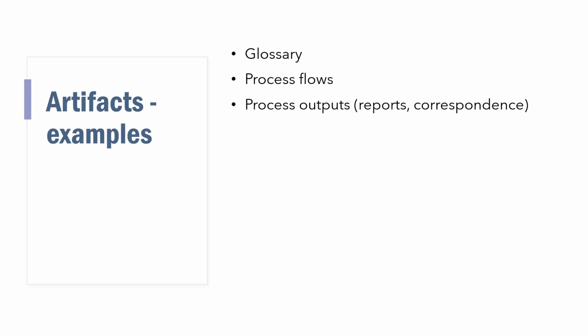What are the different outputs? Reports, correspondence, printouts, maybe some screens that show you information. Existing business requirements. Again, if you're investigating an existing system, it has been developed or modified or configured before, so the documented requirements may contain valuable knowledge for you that you should know and then reuse.